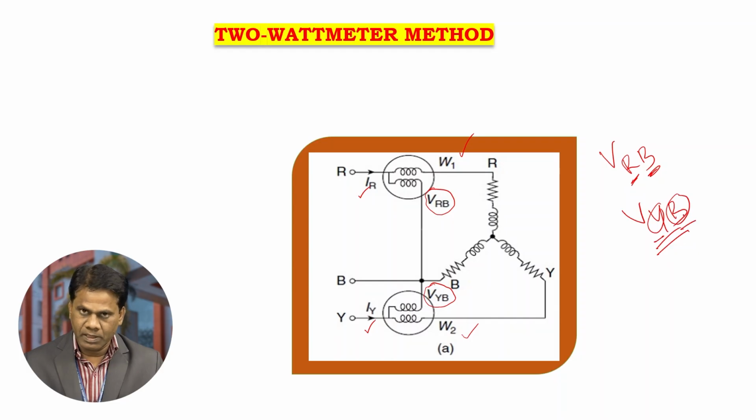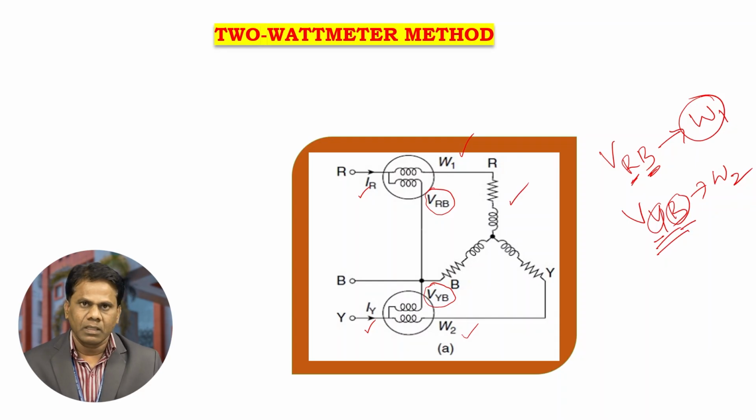This is the voltage across wattmeter 2, and this is the voltage across wattmeter 1. Let us consider this particular case, the star connected balanced load.